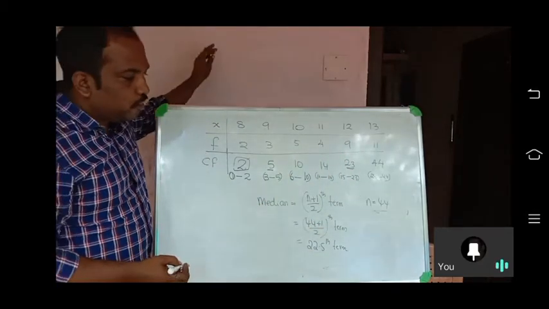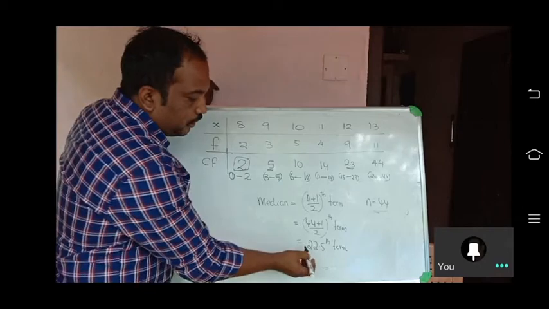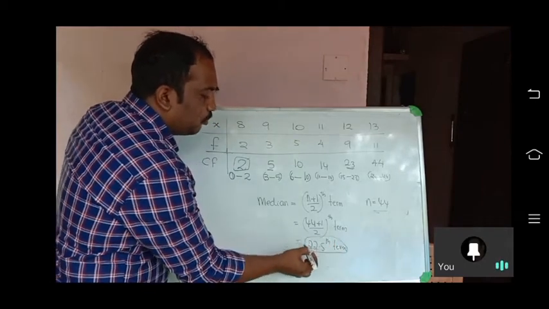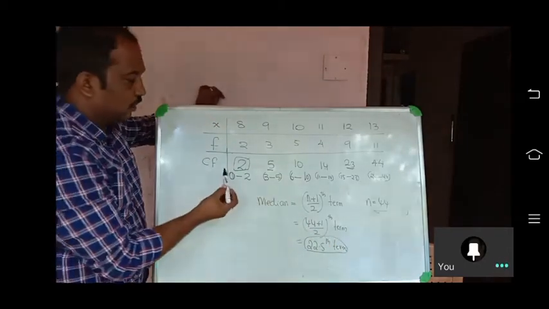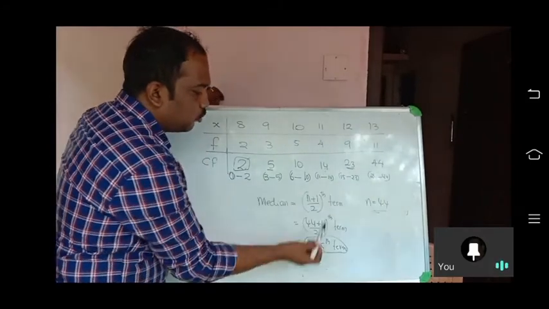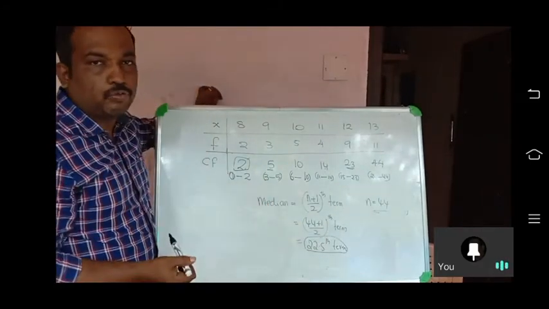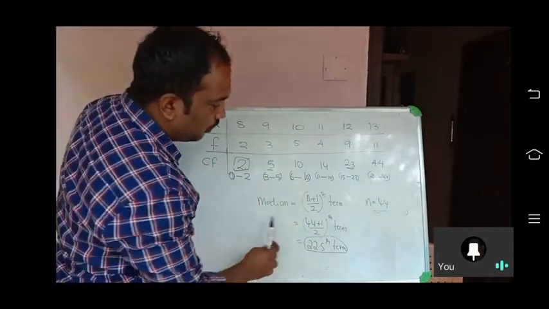So 22.5 is the median term. Now let's check where this 22.5 comes. In which cumulative frequency can we find 22.5?